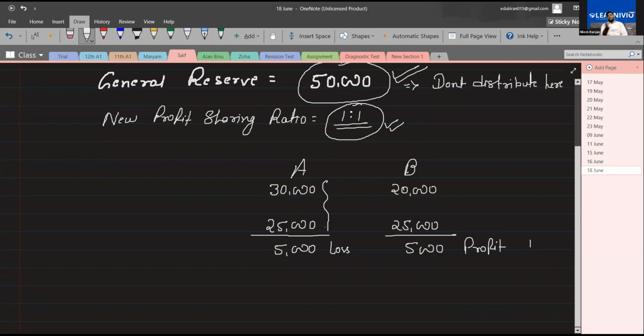A will ask that this is past profit, so it should be distributed now. The reason for distribution of any past profit or loss is that we don't want to give any undue profit or undue loss to any partner. B is entitled to only 20,000, so why should we give him 25,000? And A is entitled to 30,000, so why should he take 25,000? That is why we distribute it at the time of change in profit sharing ratio.